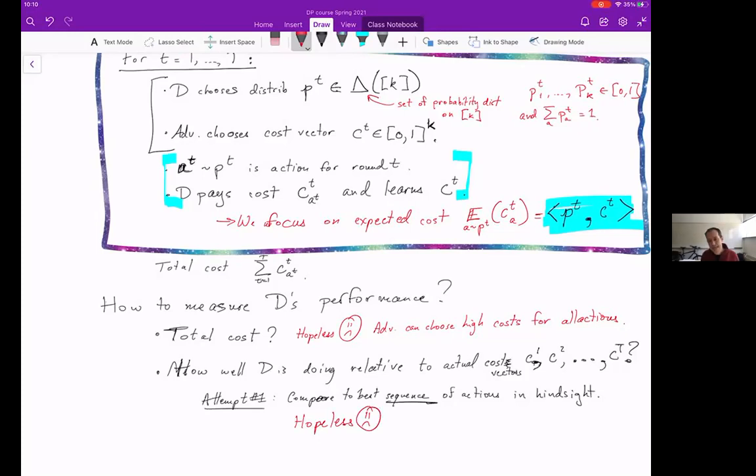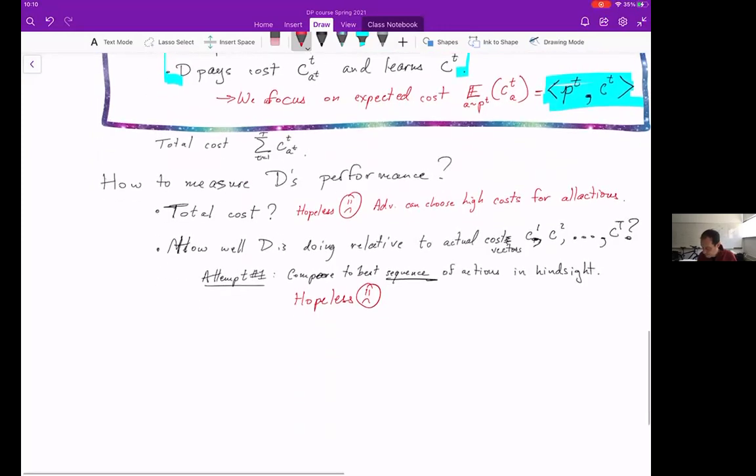It's maybe a little more complicated to see why, but what the adversary could do is set up an execution where on each day it picks a random action that will have cost 0, and all the other actions will have cost 1.